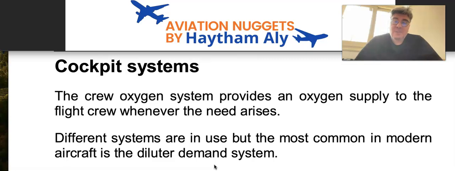Because on the normal selection, when the wearer inhales, oxygen will be supplied; exhale, oxygen stops. But if the wearer is sick, maybe the captain suffers from an illness, the first officer doesn't know if he can breathe or not.